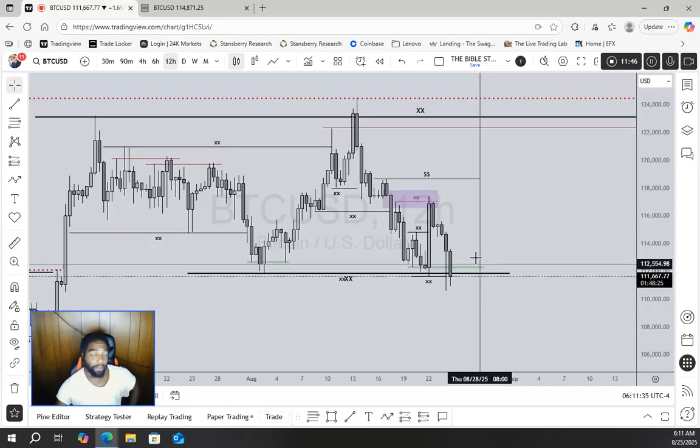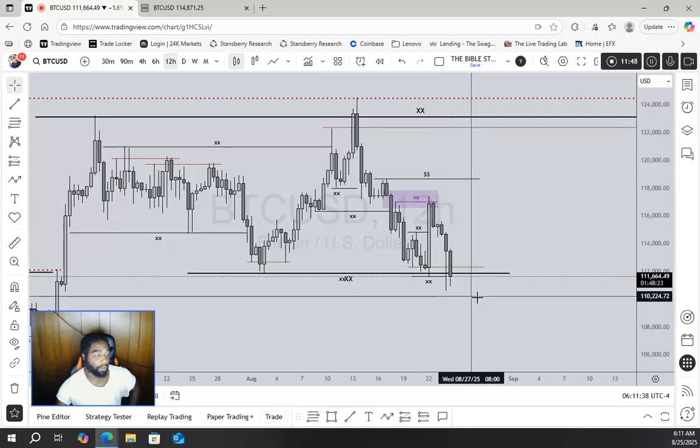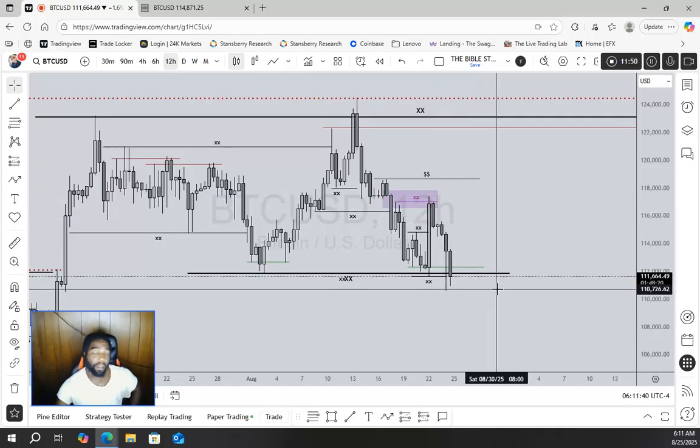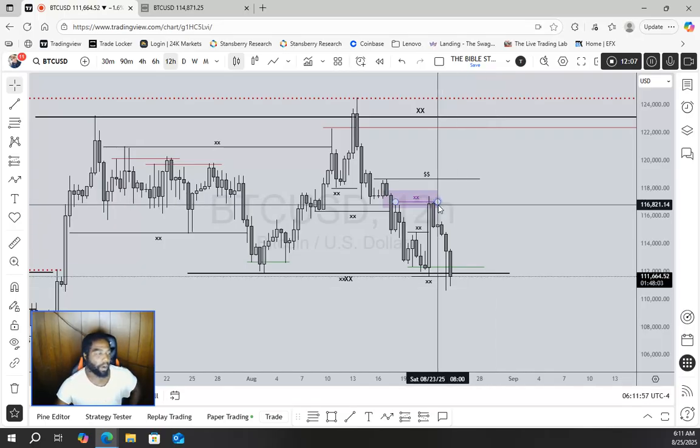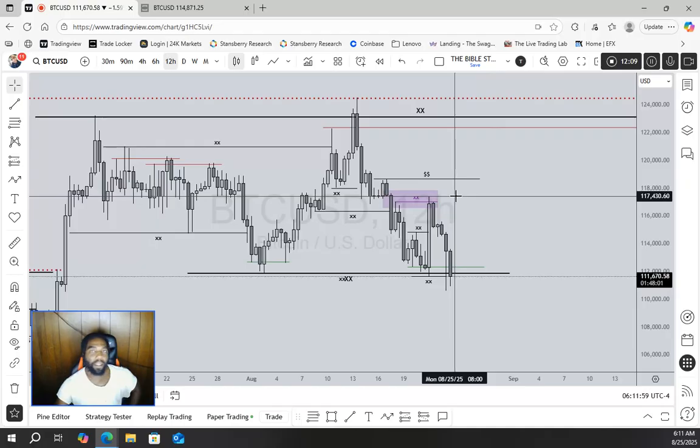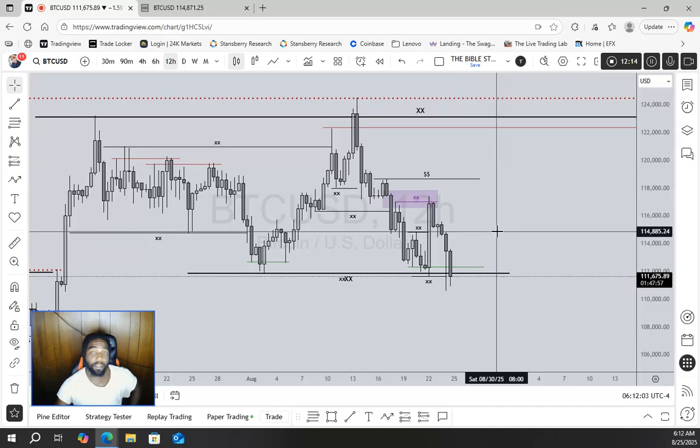$1 million question. Is this continuation? Because we know continuation is a continuation of a trend, of an impulsive move, of liquidity, of the market pushing, liquidity pushing the market in a certain direction. So price coming up into a level that produces a continuation, that continuation should be impulsive.